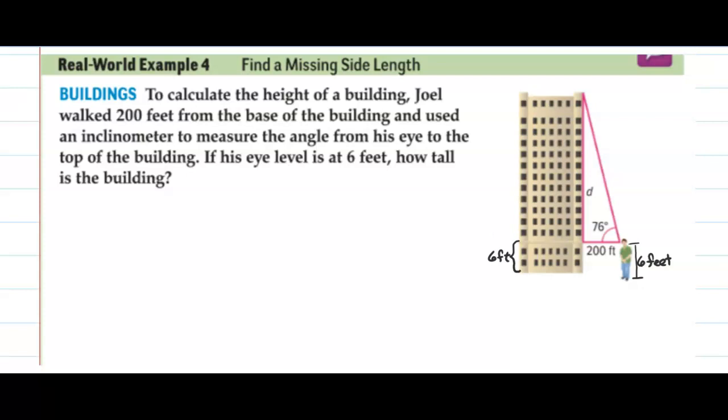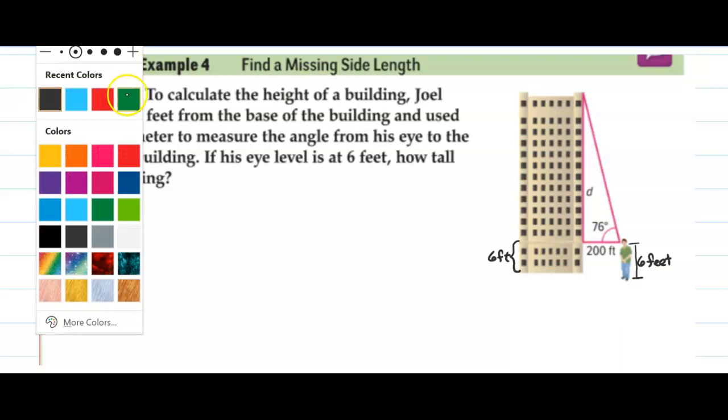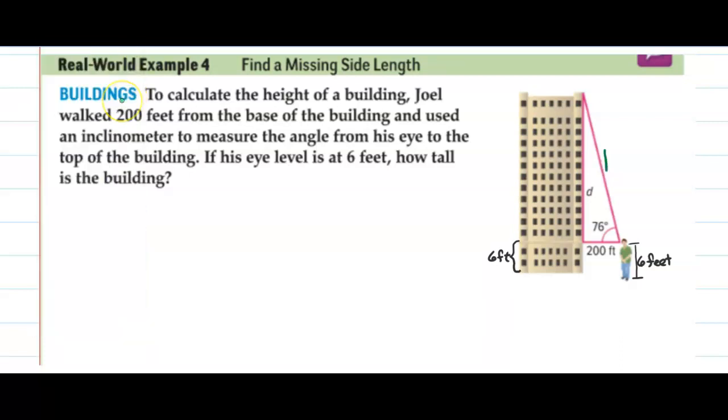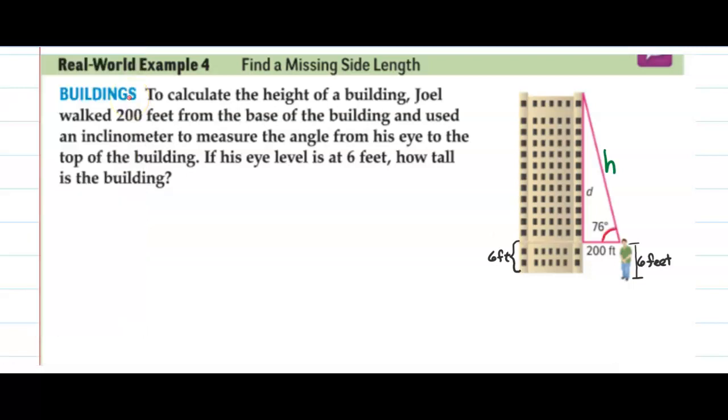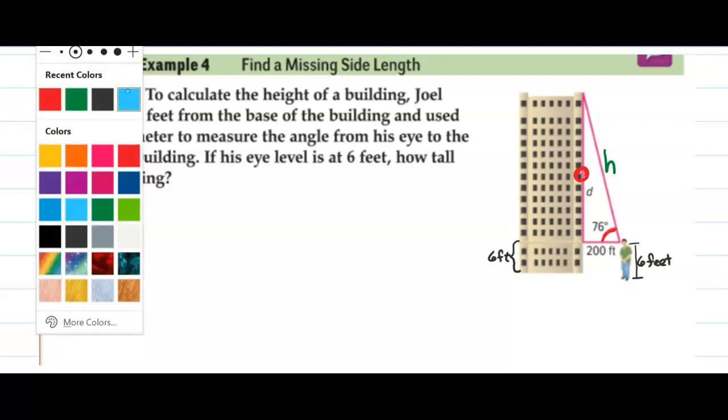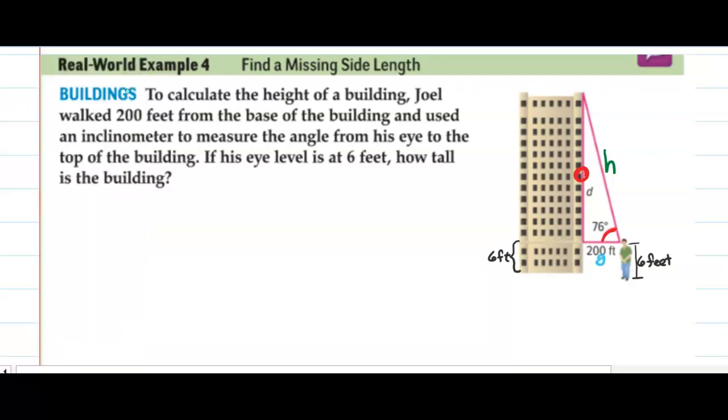That means Joel is probably about 6'3", 6'4", something like that. But from his eyes to the ground, it's about 6 feet. Next, we're trying to find D, side D. So let's label things. We know that this is our hypotenuse. We know that the side opposite 76 is right here. And that leaves this side down here that's 200 feet. That's our adjacent.